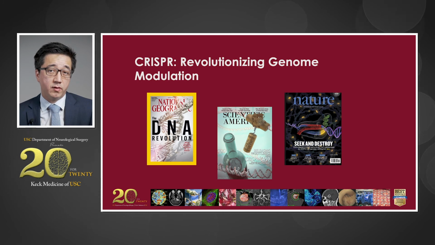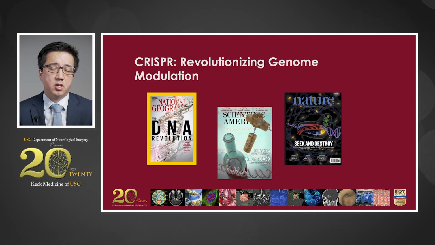And many people have heard of this new technique, CRISPR, and it's revolutionized genome modulation. In essence, it's a repurposing of the bacterial immune system where it fights off genome changes from viruses. And we've repurposed that to change gene function by causing mutations, or in some cases, even adding chemical modulations to that system to change gene expression.